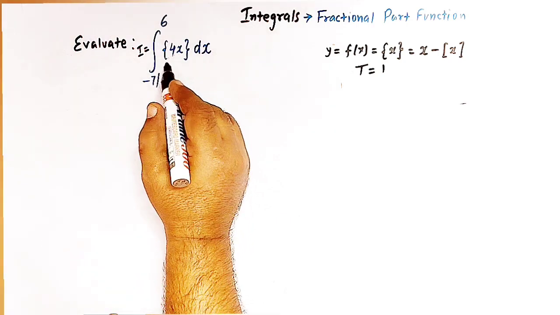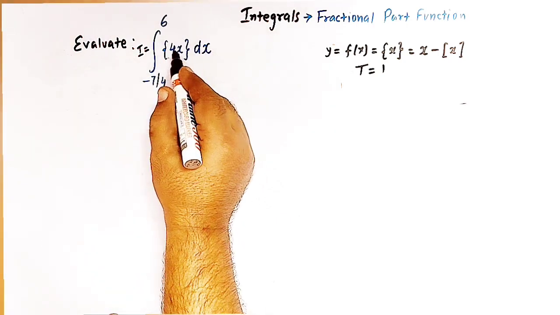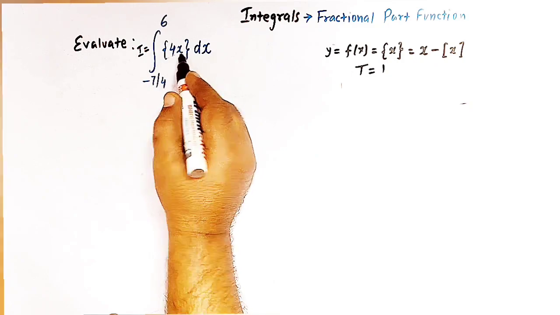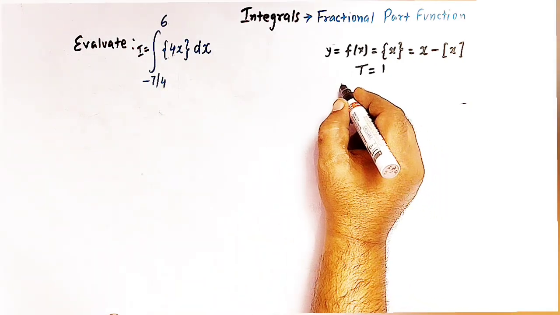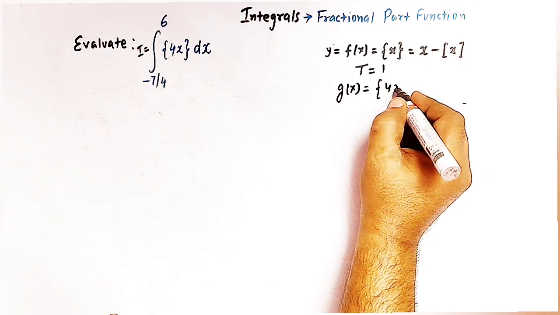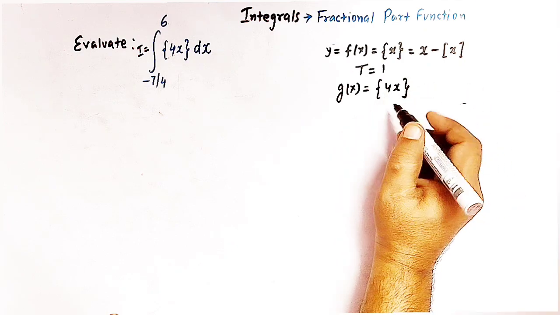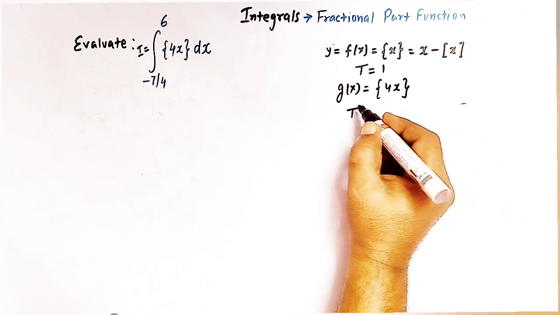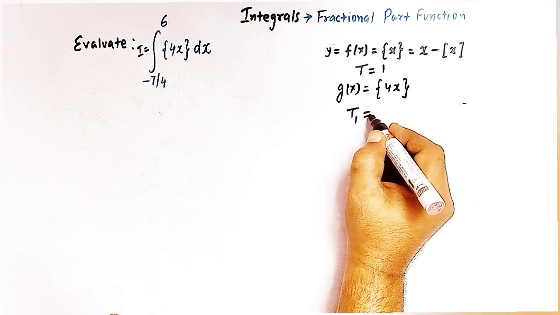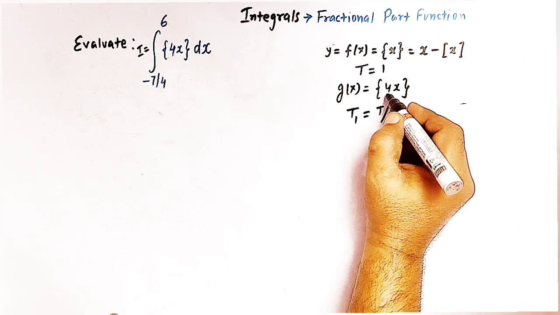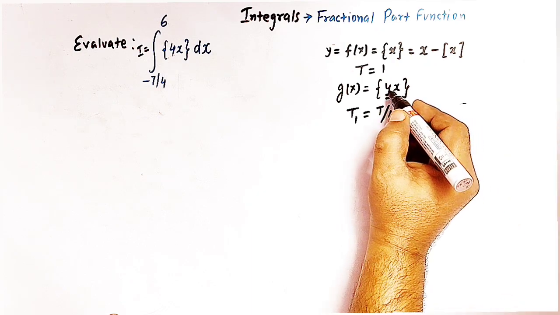Okay, now see here we have this function that is the fractional part of 4x, right? So if we take this function as g of x, that is fractional part of 4x, then the period of g of x is given by say T1, then T1 is given by T by 4, because here we have the coefficient 4, right?